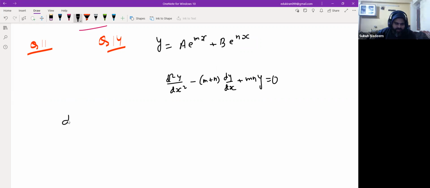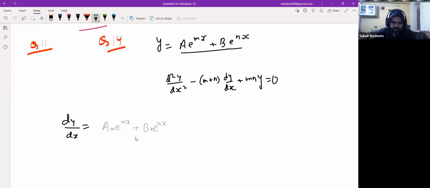So let us find dy by dx. It will be the derivative of this as we normally differentiate. So it will be a e to the power mx into m, that is mx derivative, plus b e to the power nx into n, that is nx derivative by chain rule.